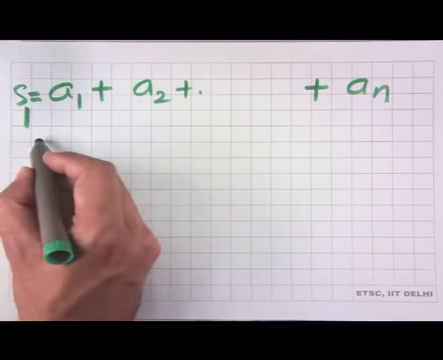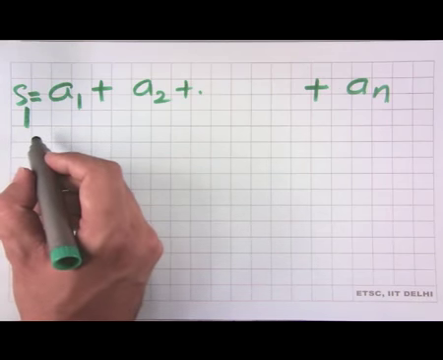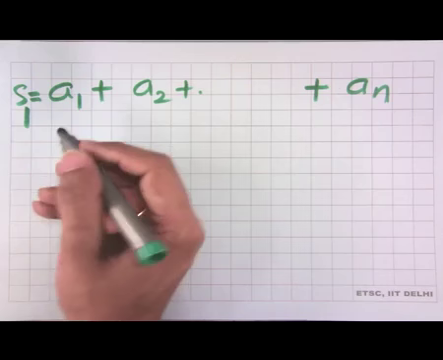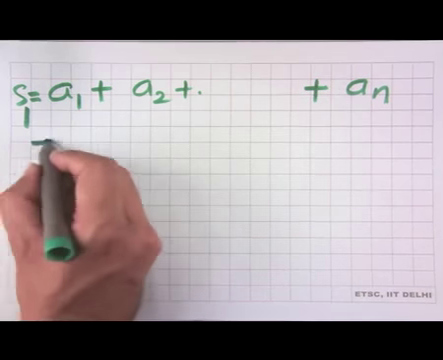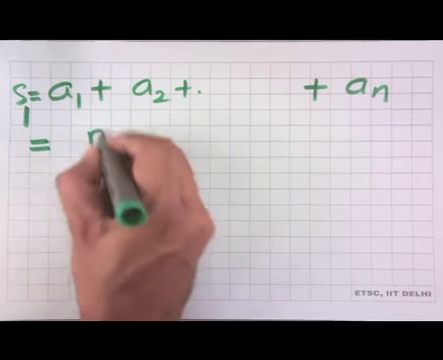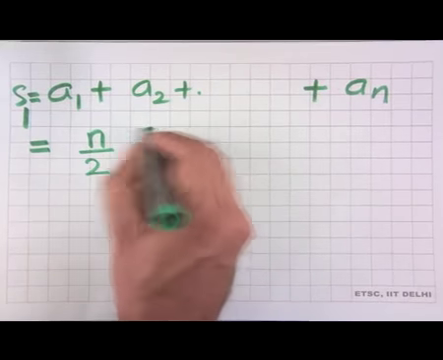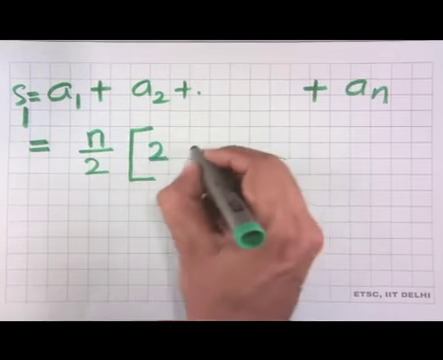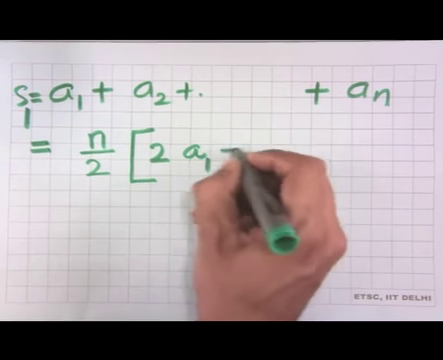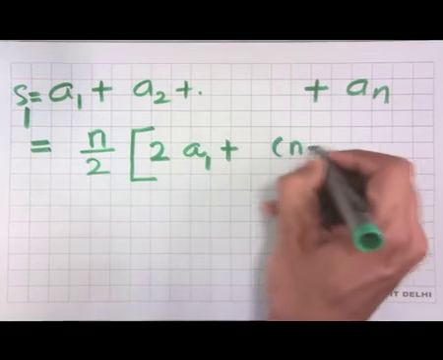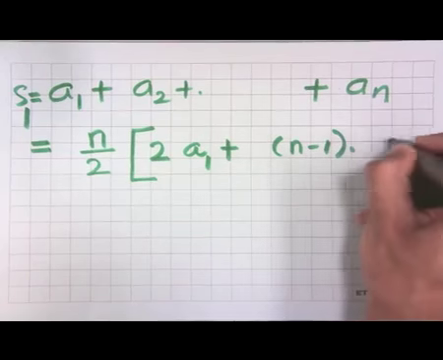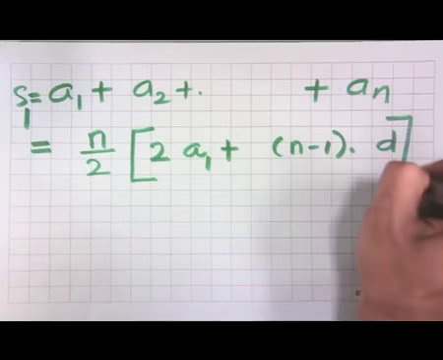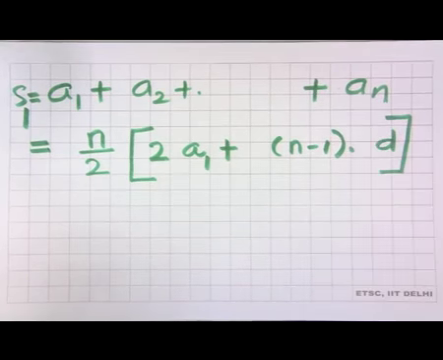We have a ready-made formula for the sum of first n terms of an AP. It is given by n by 2 times (2 into first term plus (n minus 1) into common difference, which we denoted by D). Thus, S1 receives this formula.